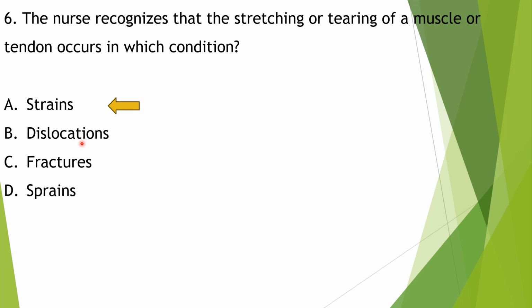Dislocations are separations of joints such as knees, elbows, shoulders, and fingers. Fractures are a break in the continuity of the bone. Sprains are the stretching or tearing of ligaments. So here the answer is strain.